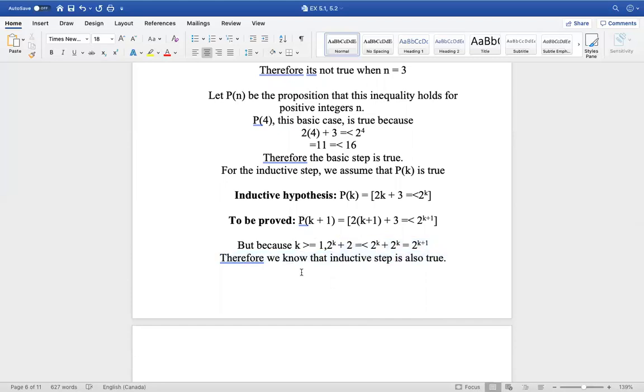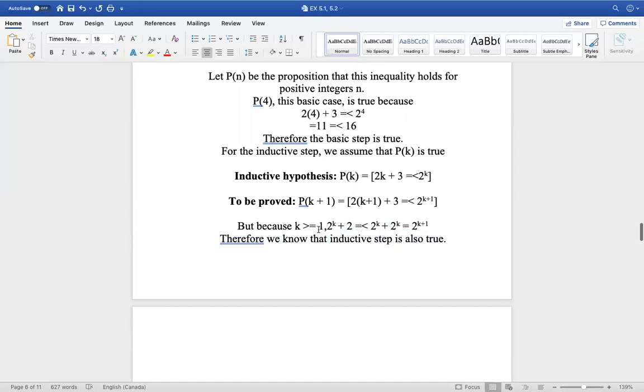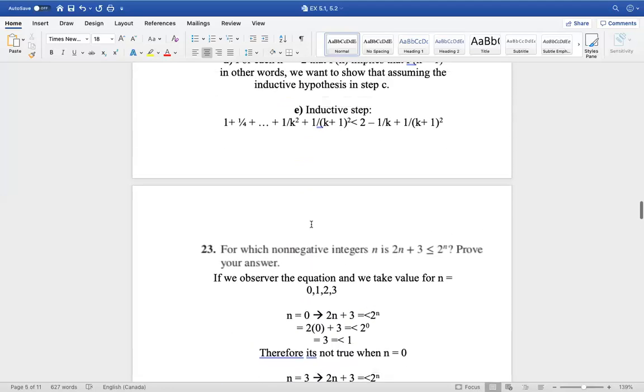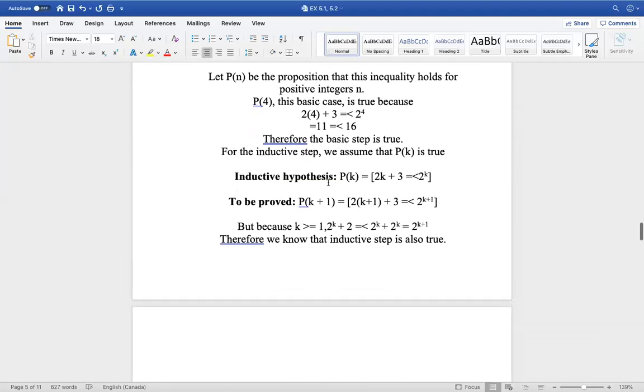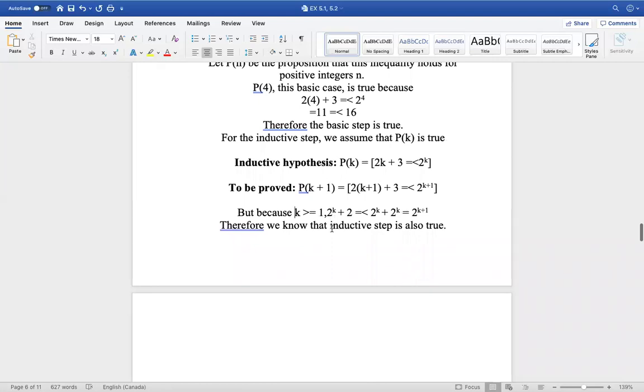So what we did here is, we know that K is greater than or equals to 1. We know that because it is a non-negative integer, right? So therefore, K is greater than or equals to 1.